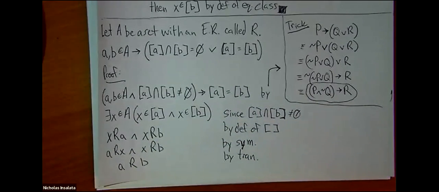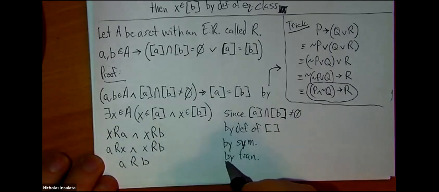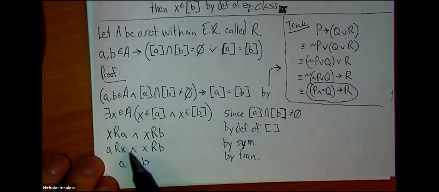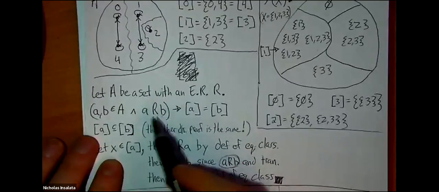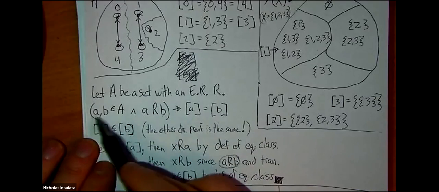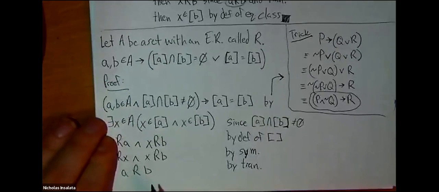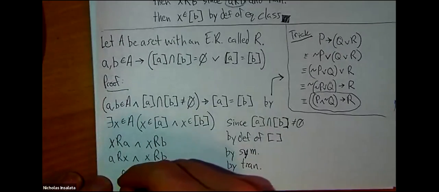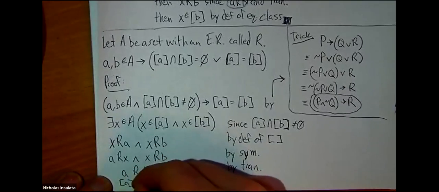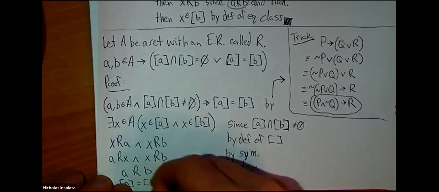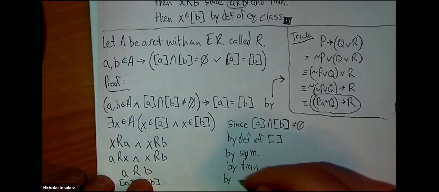And finally, now we can use that lemma, right? If A relates to B and A and B are both in A, now we use the equivalence class of A equals the equivalence class of B by previous proof.